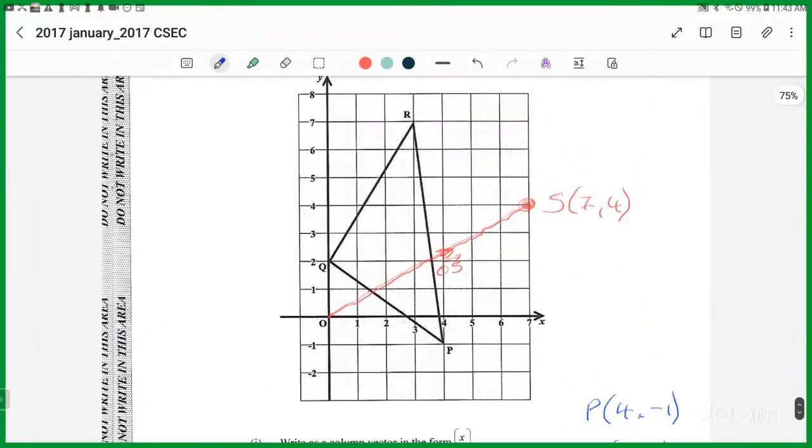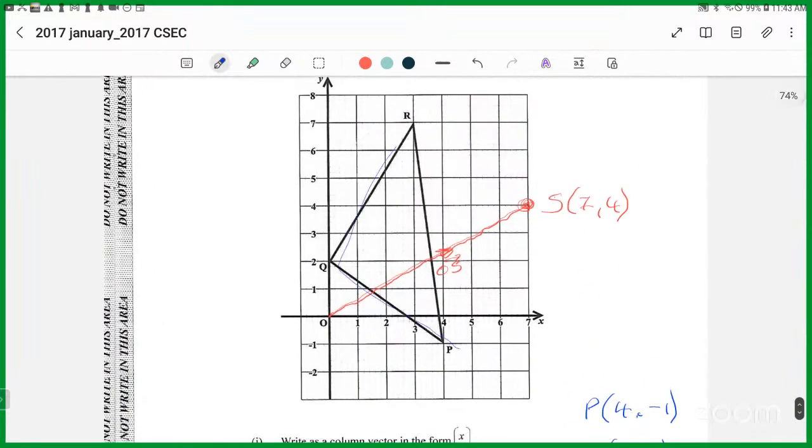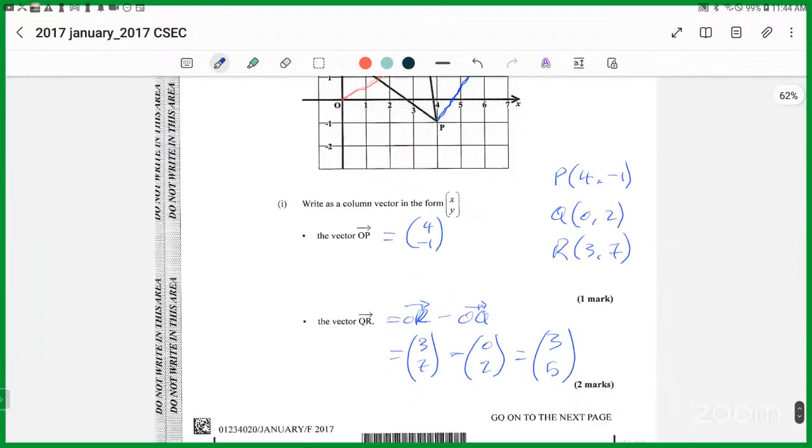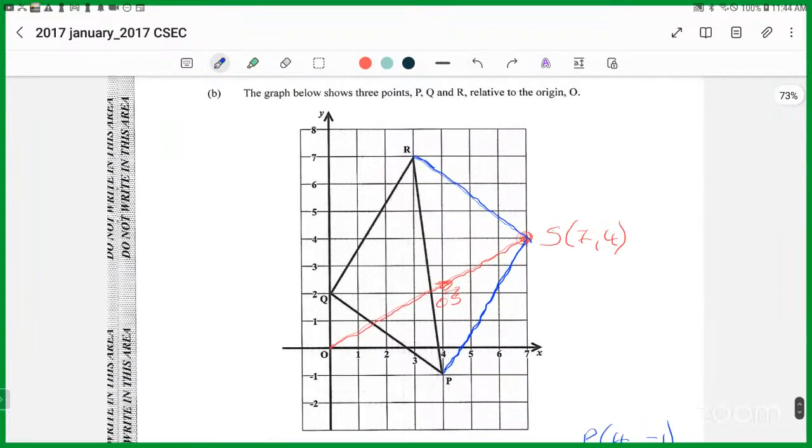Let's look at it. So we have PQRS. I'm going to complete it. That is the PS line, this line. So the opposite side will be an equal vector. What vector do we have already? What vector did we calculate already? I don't want to recalculate anything. So we have QR already. We already have this vector over here.